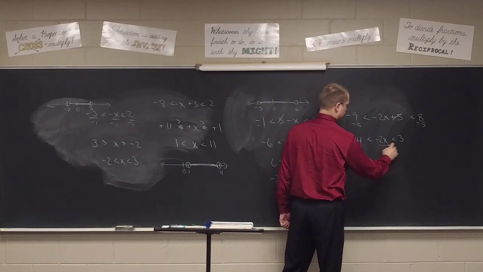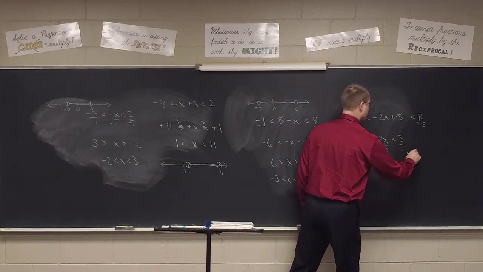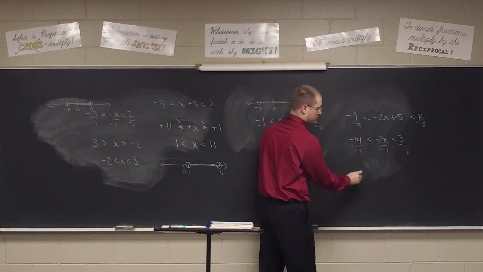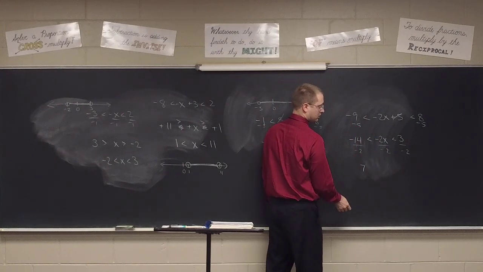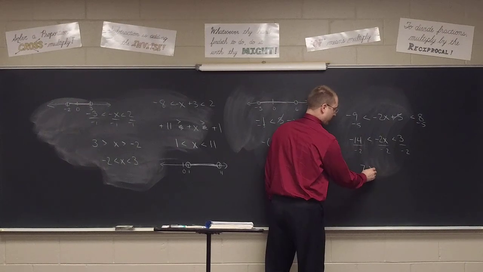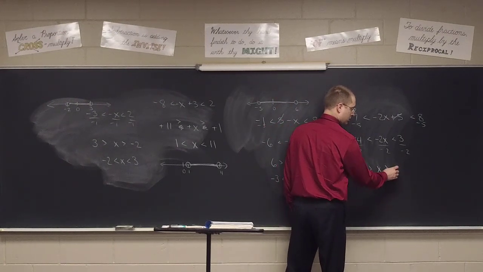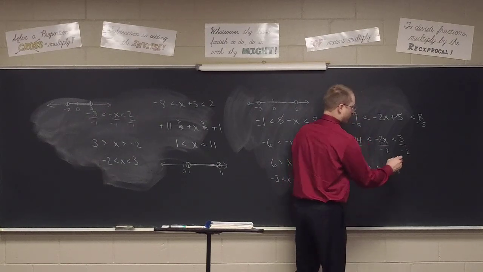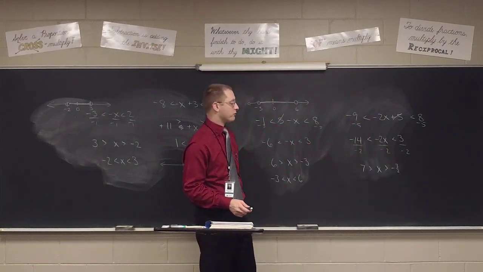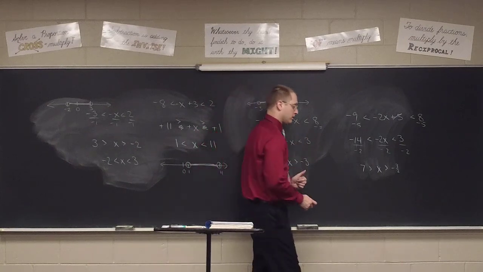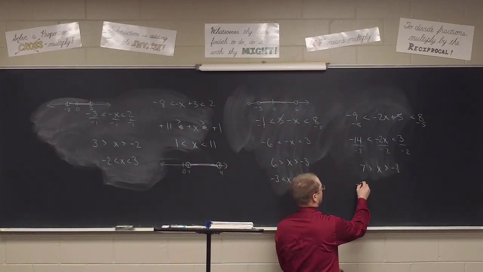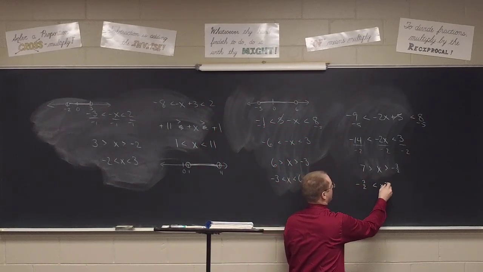Divide everything by negative 2. 7 is greater than... Could be divided by the negative. X is greater than 3 over 2. Well, negative 3 over 2, right? There's only one negative, so move it to the front. And then let's flip it around.